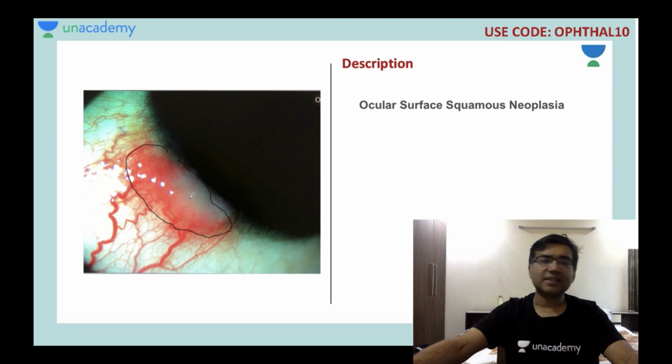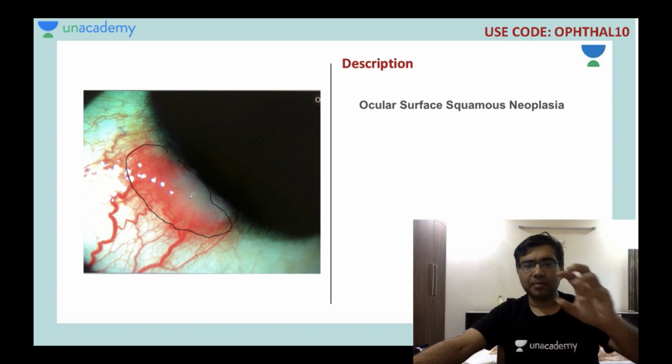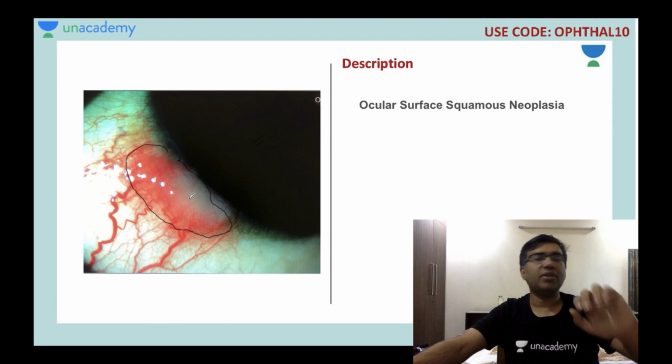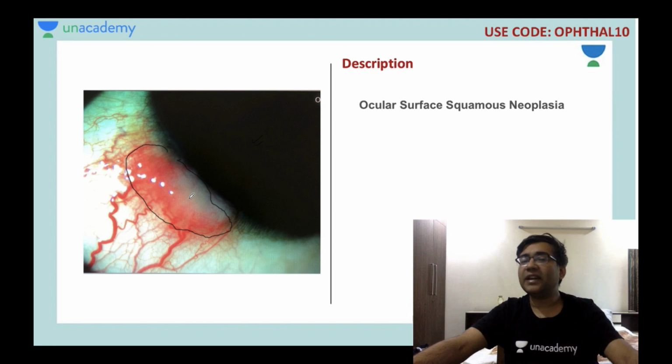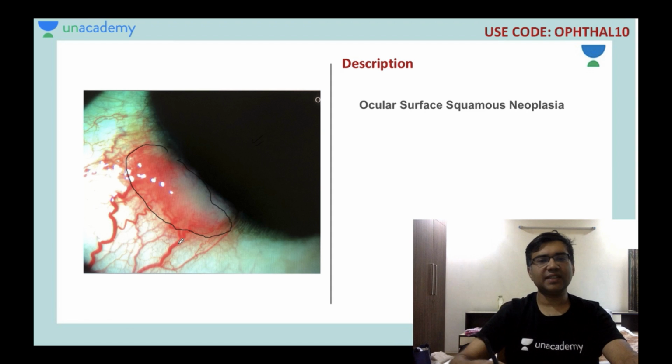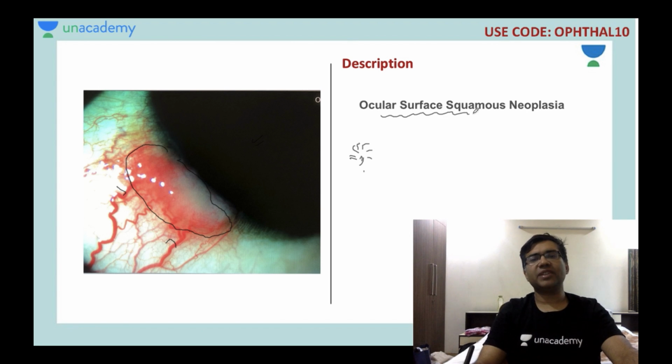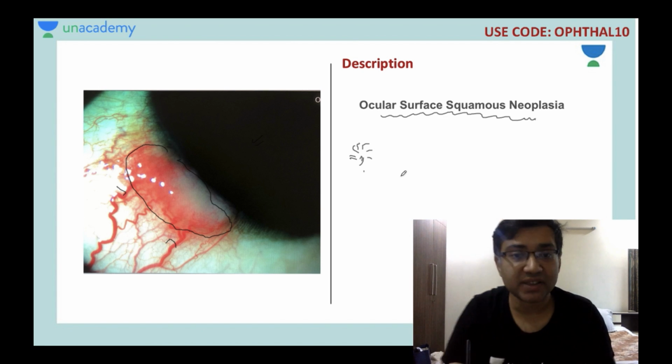Remember, pinguecula is a patch of a nodule which is slightly away from the corneal limbus. This structure which you are seeing is an elevated lesion, and it is being supplied by feeder vessels. Also, if you can see here, there are arborizing vessels, flower shaped vessels. So this can be a potential patient of ocular surface squamous neoplasia.